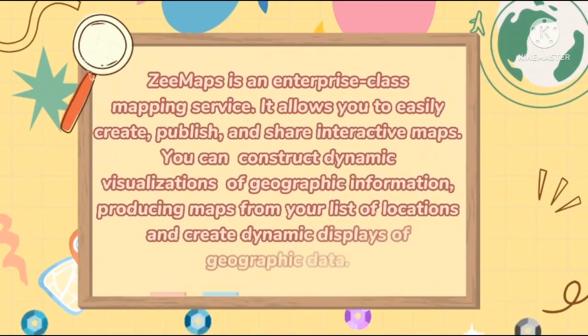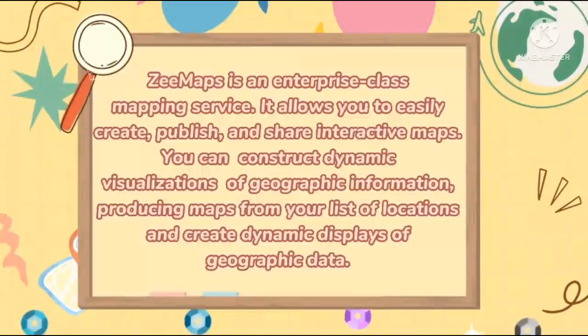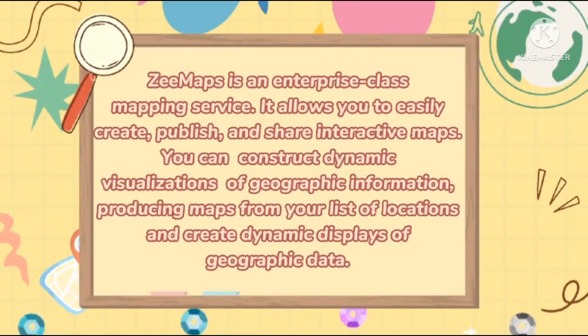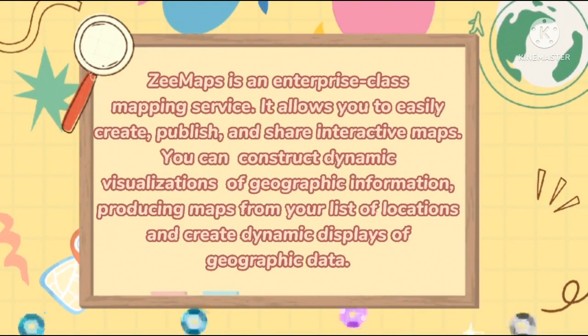But first, let's answer this question. What is Zeemaps? Zeemaps is an enterprise-class mapping service. It allows you to easily create, publish, and share interactive maps. You can construct dynamic visualizations of geographic information, producing maps from your list of locations, and create dynamic displays of geographic data.